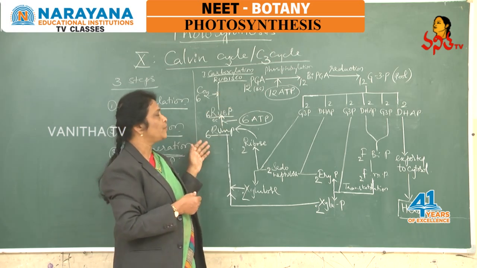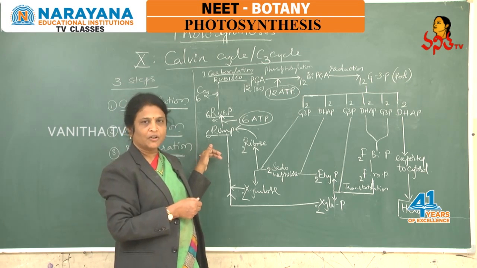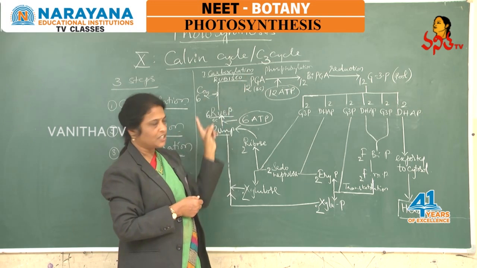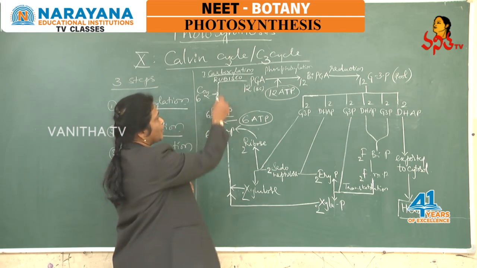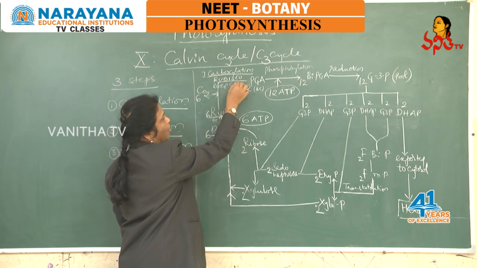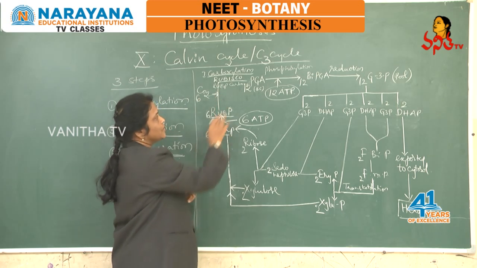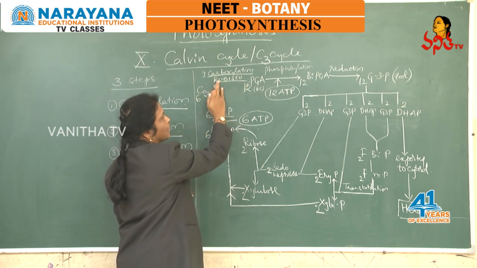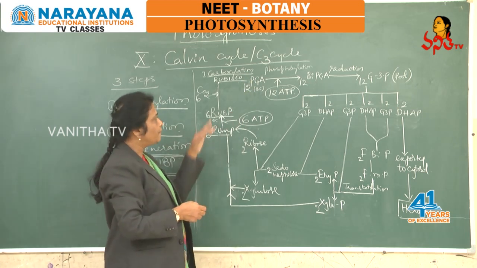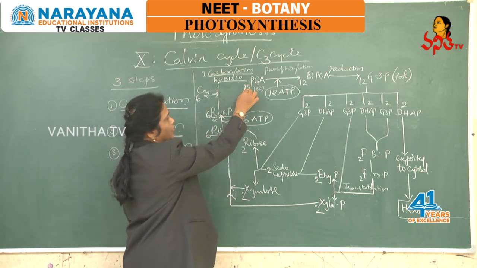The full form of Rubisco is ribulose bisphosphate carboxylase and oxygenase. But in this particular reaction, that is carboxylation, Rubisco acts like RuBP carboxylase and is involved in CO2 fixation.